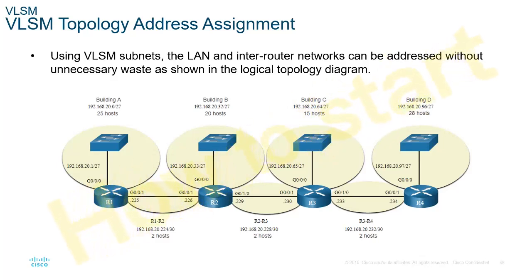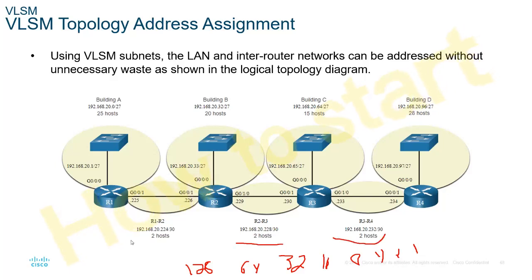Because again, if we're looking at the binary, we have 1, 2, 4, 8, 16, 32, 64, and 128. We're subtracting 2, that gives us our usable count. So 126, 62, 30, 14, 6, and 2. This is our /30, so that's why we get our /30s for these interconnects.